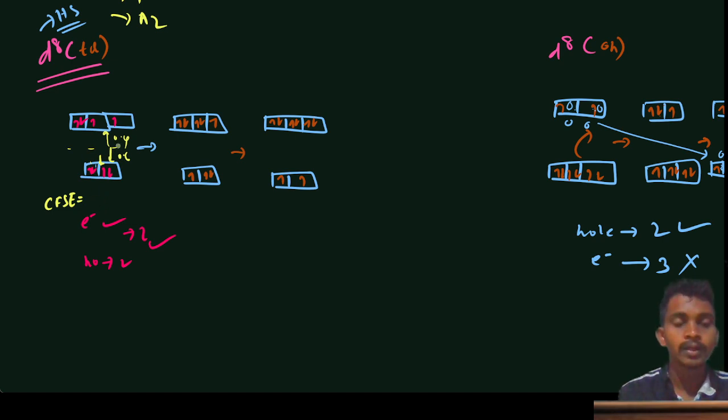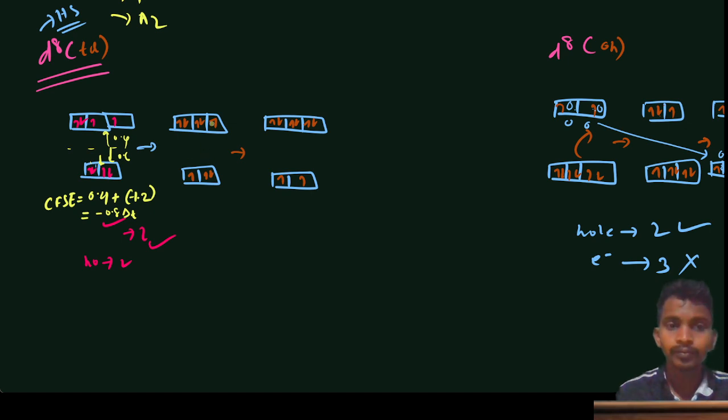Delta naught. I will calculate it. We will do the addition here. So this is 0.4 plus minus 1.2. So that value we are going to get is minus 0.8 delta t.